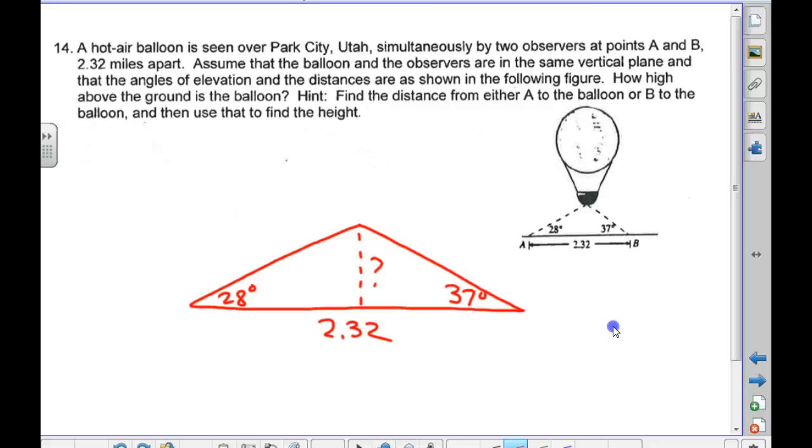So we need to treat it as a giant triangle. If we have a 28 and a 37, what does that make this guy up here? Is that wrong, guys? Nope. That is correct.